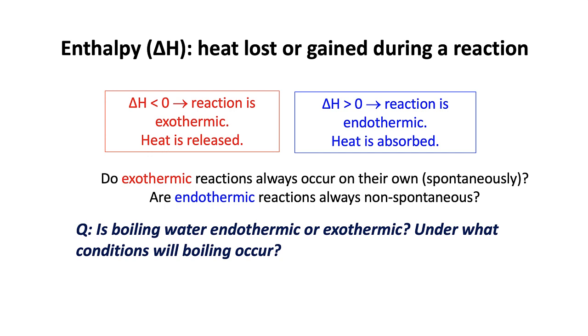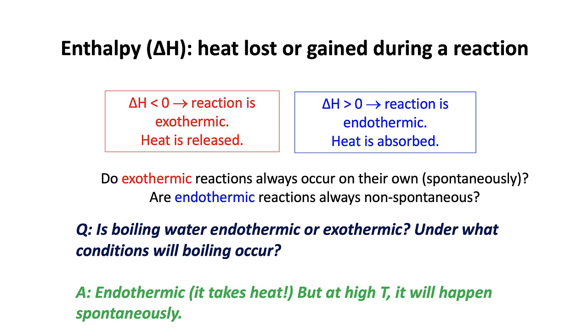All right, hopefully you've gotten to think about this just a little bit. Is it endo or exothermic? The answer is that it's endothermic. It takes heat. We have to put heat into the water to get it to boil. And this is only going to happen at high temperatures, because at high temperatures, it actually does occur spontaneously. It will draw in heat from its surroundings and the water will boil.